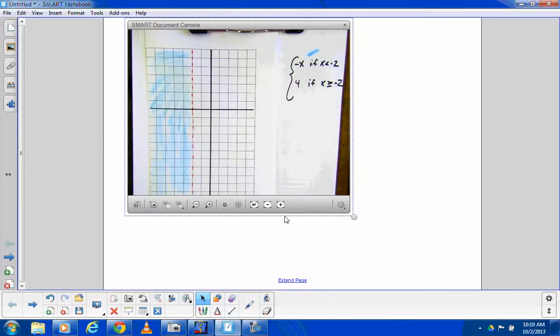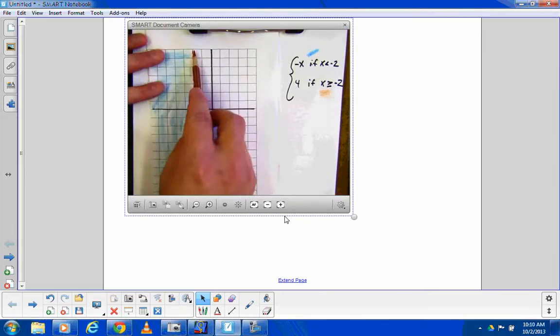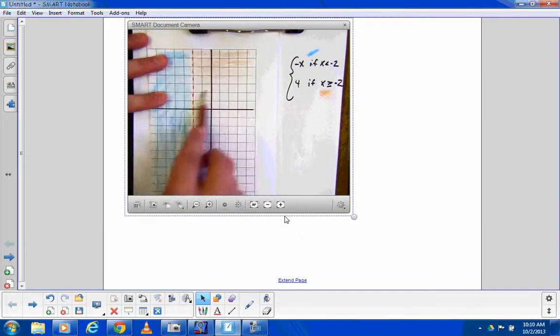Now on the other side, we're going to graph this one, where x is greater than or equal to -2. So I'm going to do that with my brown there. Now this is just setting it up so I can graph it.